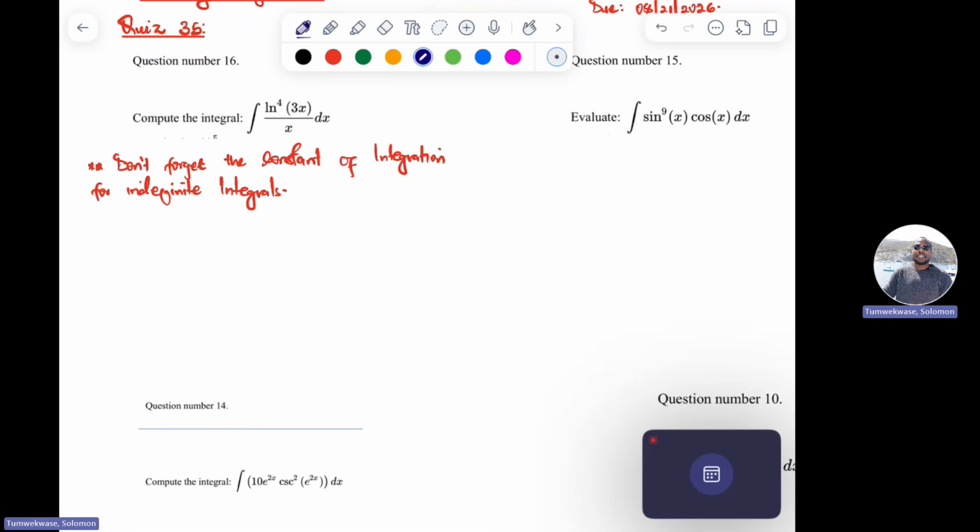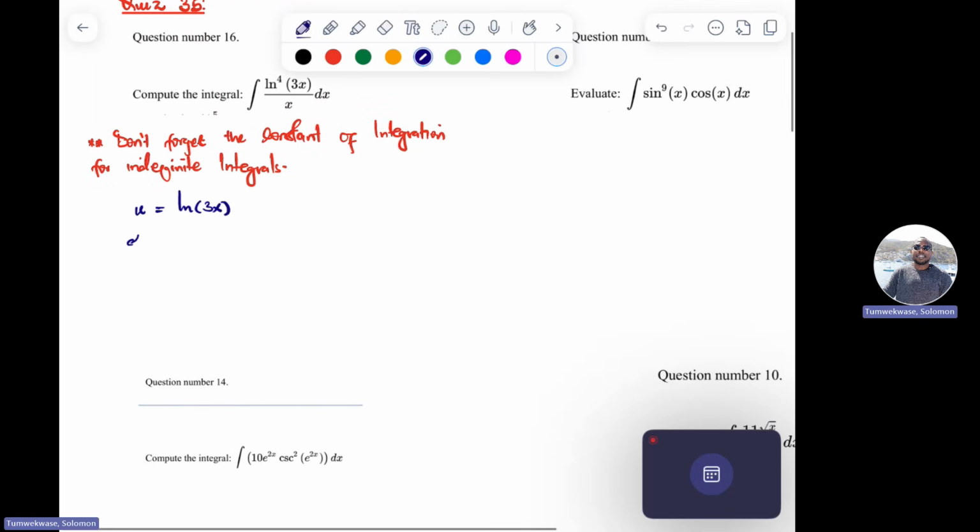So in question 16, I want to compute that integral, and knowing how the derivative of a natural logarithm looks, I let u be equal to the natural log of 3x.